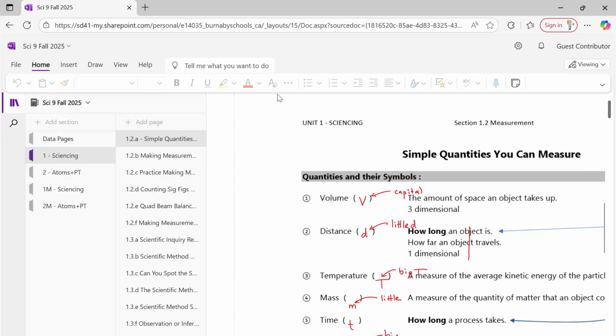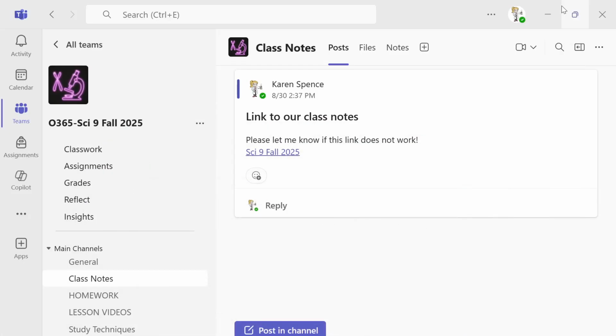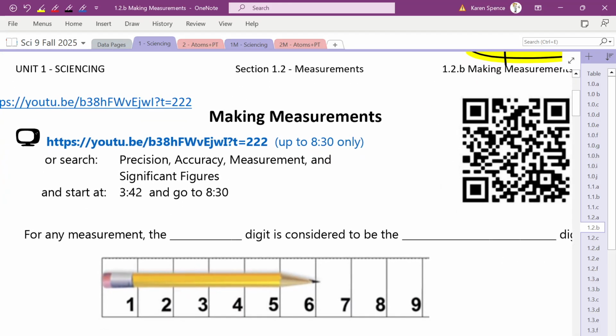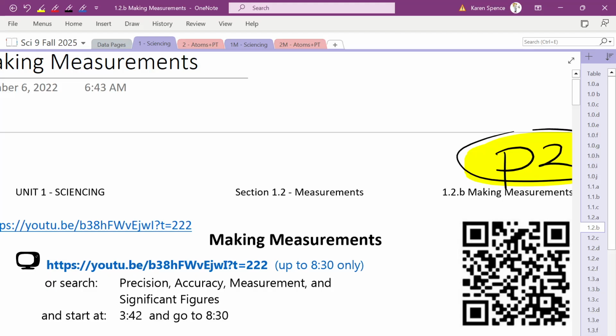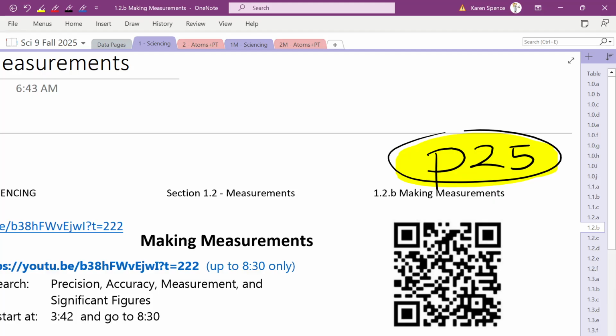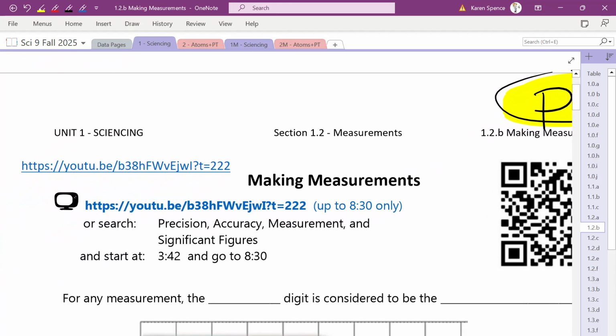All right, so let's go then to making measurements. There we are. And we are on page 25.